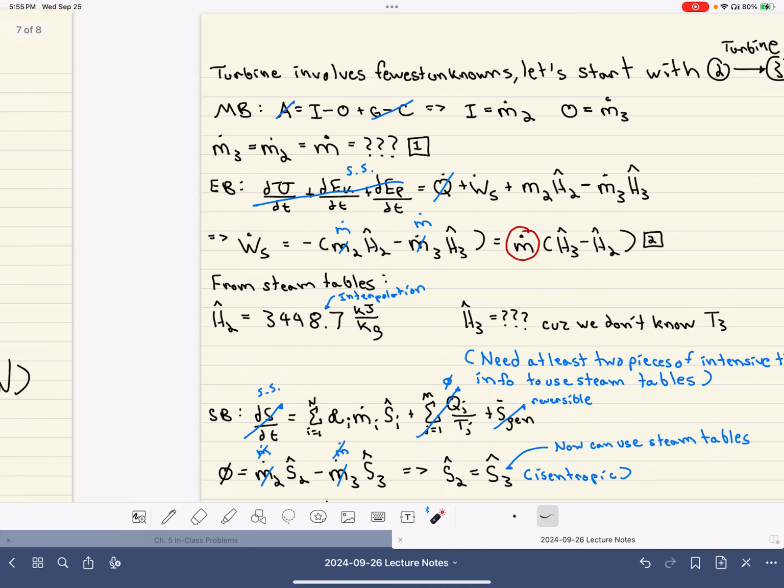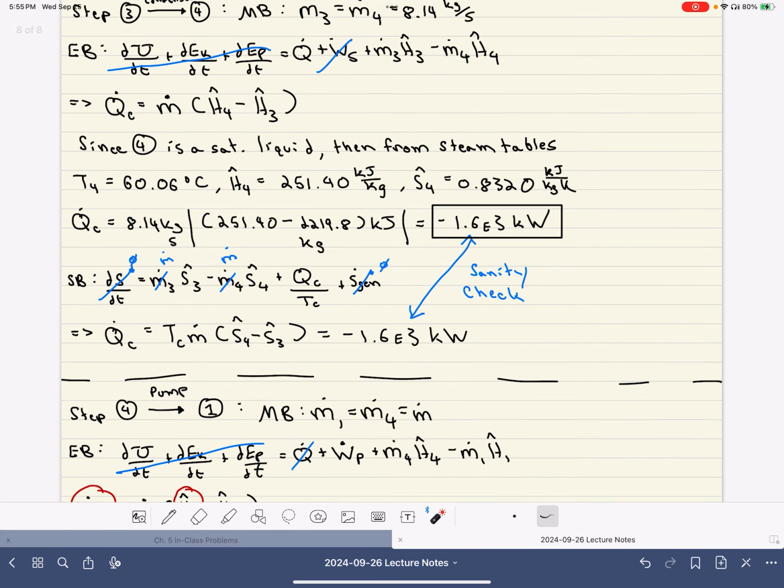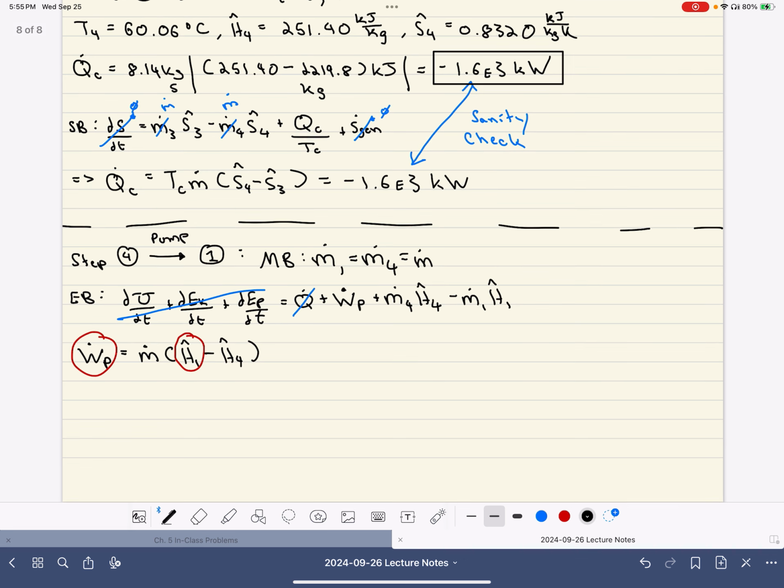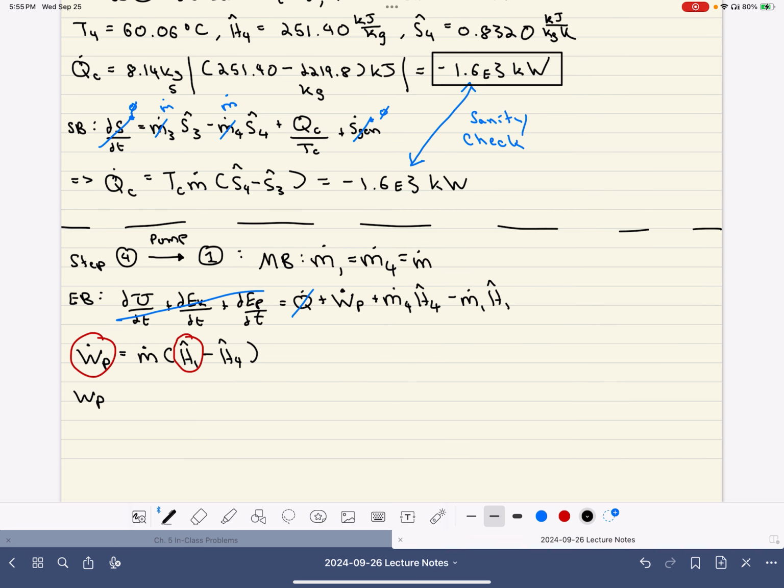Okay? And so, the pump analysis at this point, we can't really directly use the steam table. So we'll have to try another strategy. And what we could do here is we could actually use an equation that is specific to pumps. And so the way that would work is, let's think about the units of the pump work.